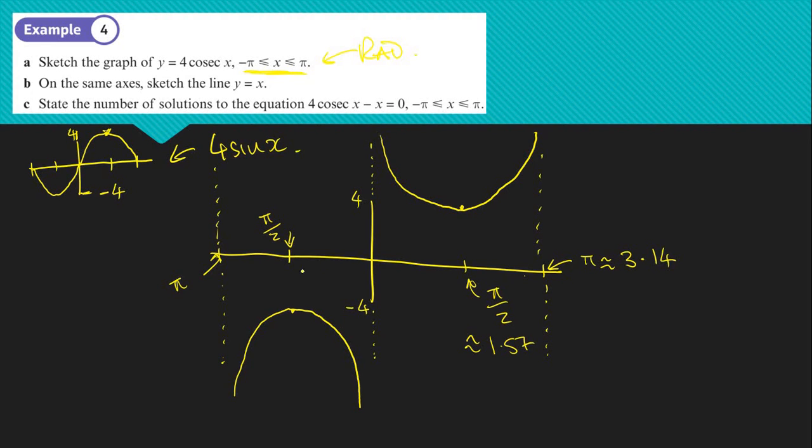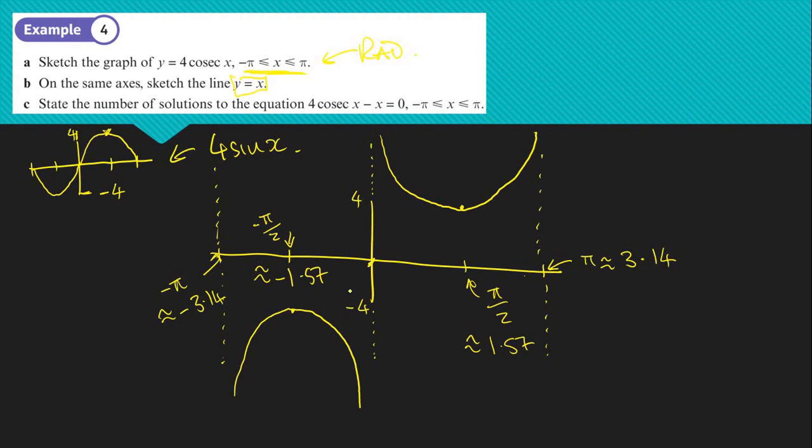It's a good idea to try to keep that in your mind. That'll be negative obviously, and that'll be negative, and so you get roughly negative 3.14 and roughly negative 1.57. Now, we're being asked, on the same axes, to sketch the line y equals x.